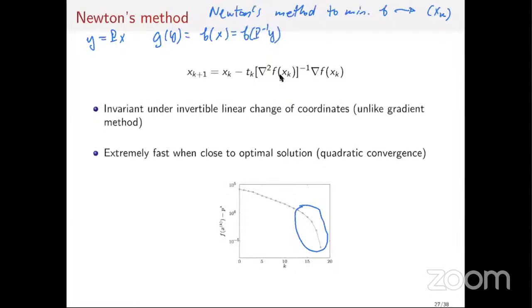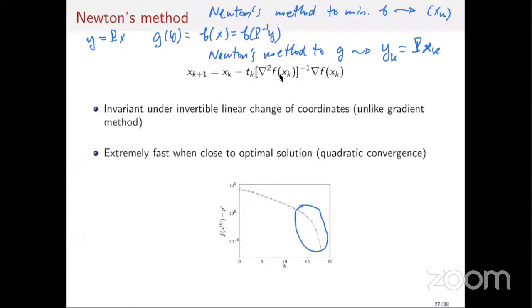What you can show is that Newton's method applied to g will yield iterates yk that are exactly equal to p times xk. So it will have exactly the same performance as Newton's method applied to the original function, up to this change of transformation. And this is a very desirable property to have of any optimization algorithm.